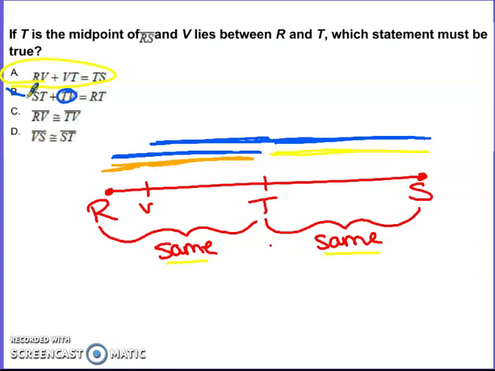Letter C is not true because we don't know for definite that V is the midpoint, and you cannot assume that it is. VS, which is the full length from here to here, is congruent to ST. Well, that can't be because T is between V and S, so they cannot be congruent to each other. Make sure you're working logically through these and solving them out.